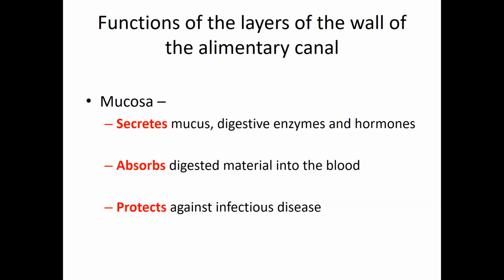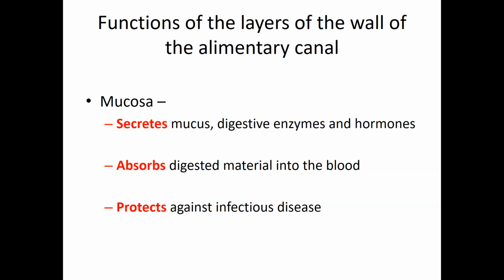And the protection can involve things like if you ingest a toxin or a pathogen, a bacterium or a virus. That barrier, as long as it remains intact, can help you get rid of it. Oftentimes, if you ingest a toxin, that triggers the vomiting reflex, and you get rid of it that way.